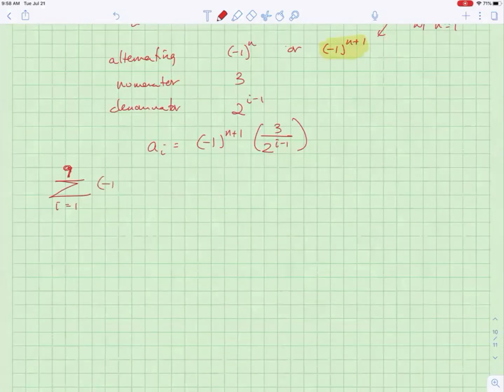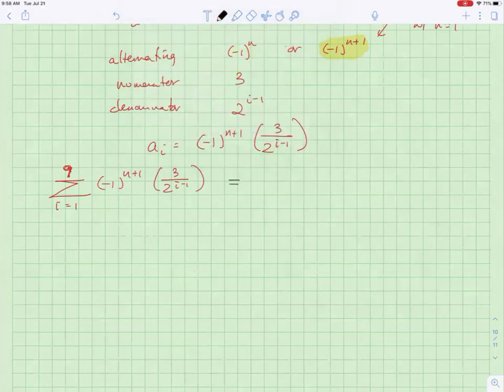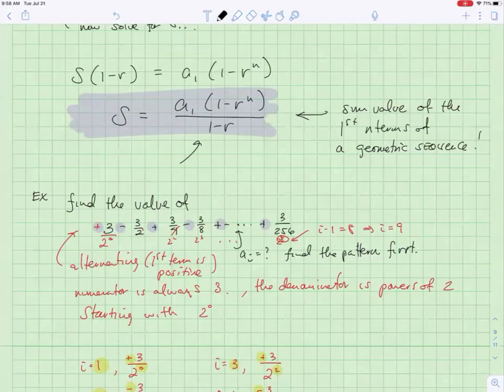And we're going to add up negative 1 to the n plus 1 times 3 over 2 to the I minus 1 power. That's how you write this sum. But that's not what it's equal to. It's equal to our formula here. If we go back up, this is the value of the sum.